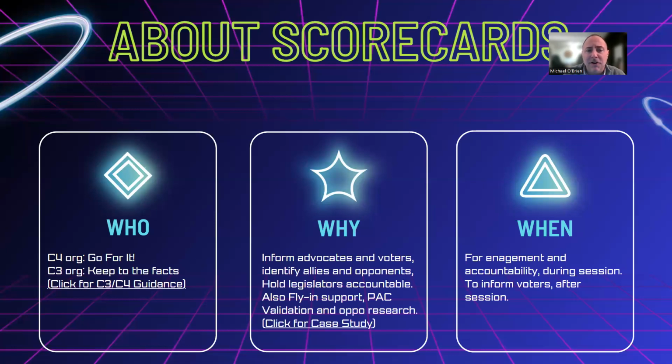I love scorecards for PAC validation. A lot of times, I've run PACs, I've advised about PACs. PAC donors want to know that you're supporting elected officials that care about your issues, and you can take this scorecard and say, look, these are the people that vote with us most often. These are the people we're supporting.